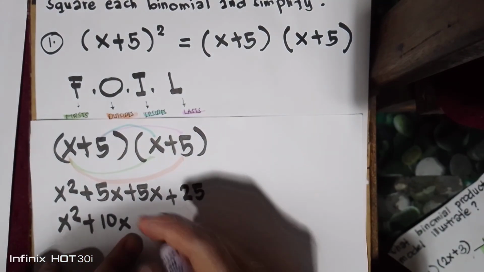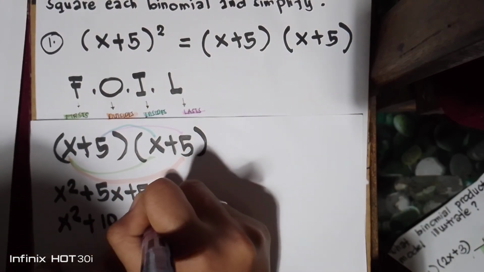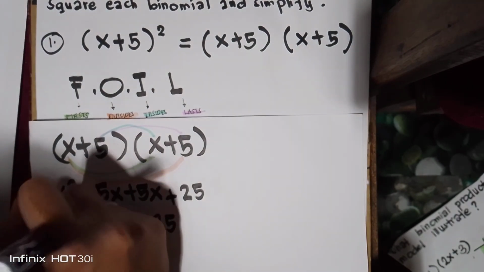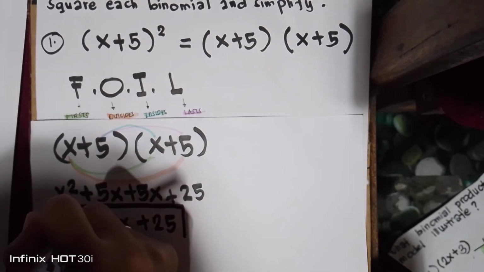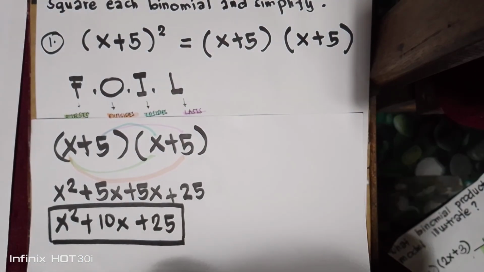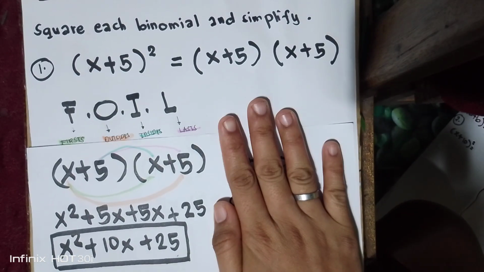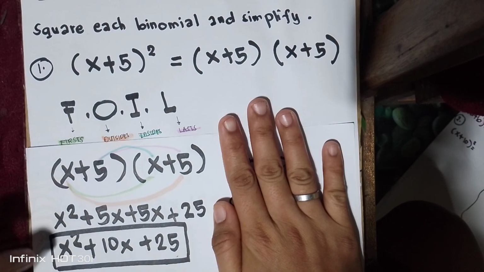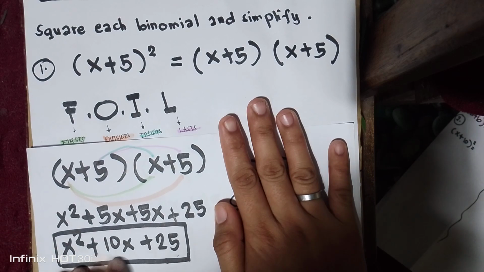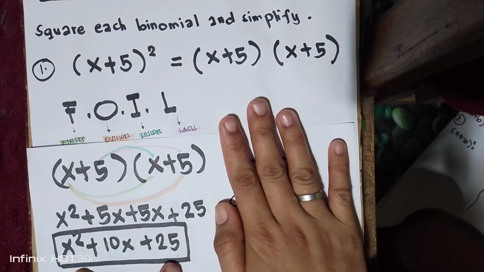And then copy 25. And this is our answer. Again, the result is x squared plus 10x plus 25.